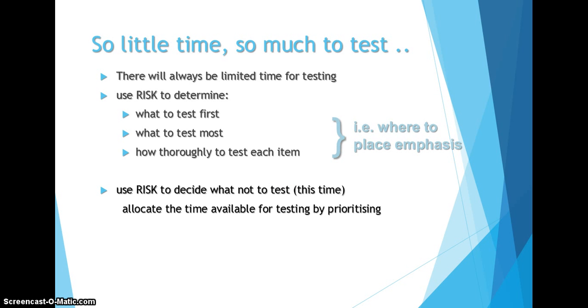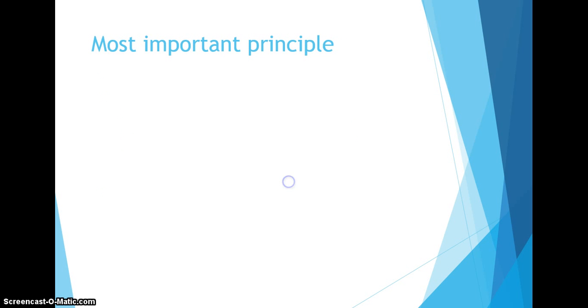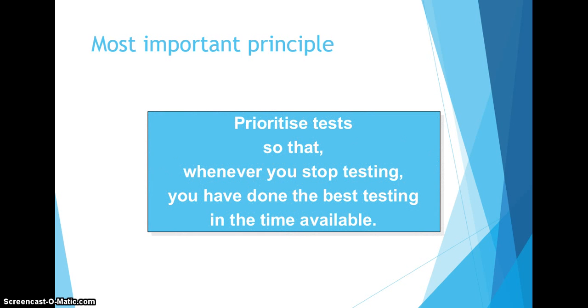So risk-based testing is the decision of where to place emphasis in testing, that is what to test first, what is the most important to test, and how thoroughly you want to test each and every functionality. The most important principle for testing is that since you always will have a limited amount of time, you need to prioritize tests.